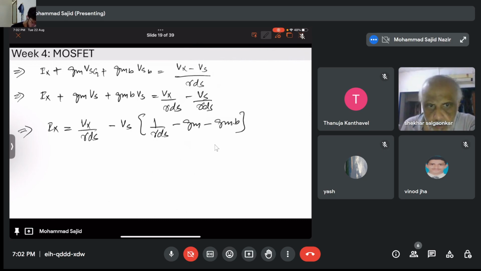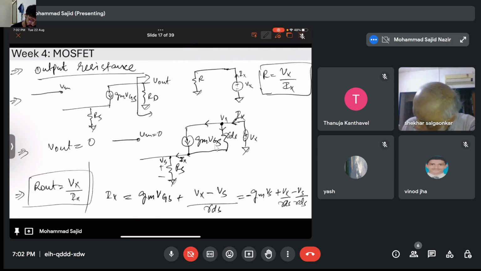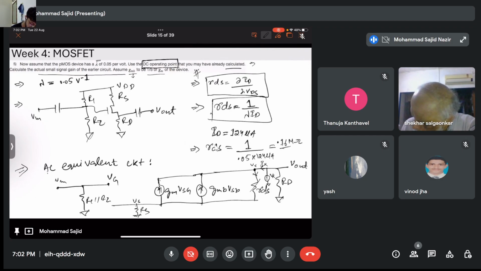Okay. Now I need to calculate Vs. So how do we calculate Vs? Again, KCL at node S. Okay, let me just check the circuit. KCL at node S. Let's treat it as a current going in this direction.